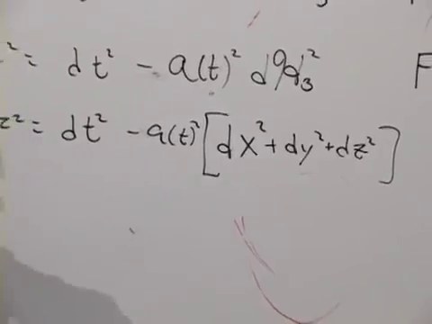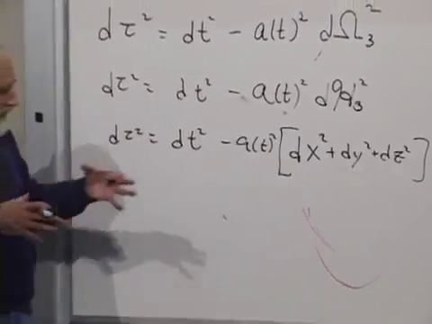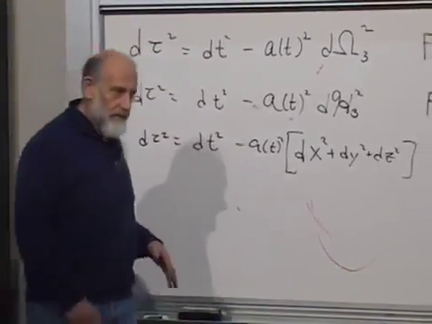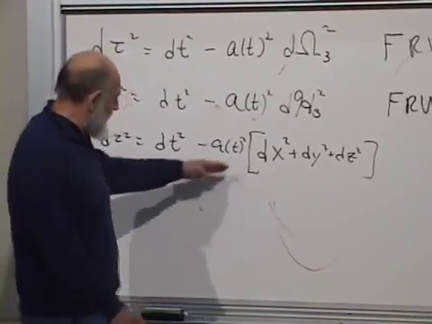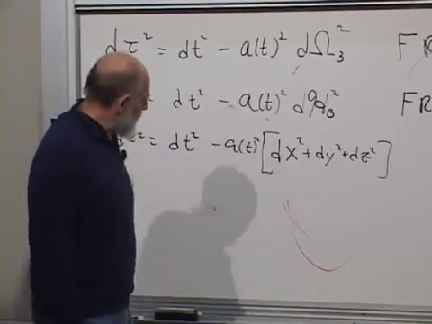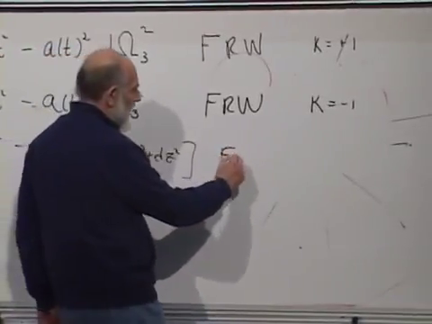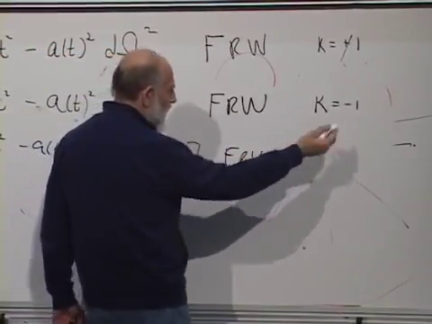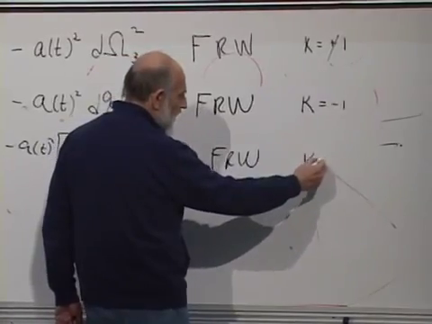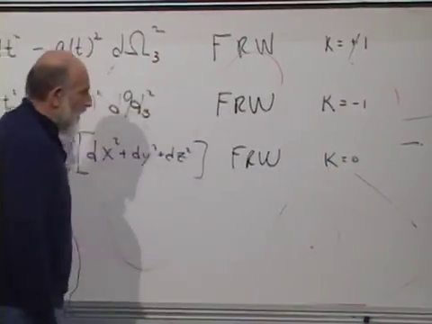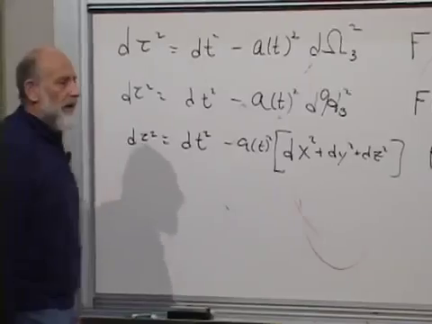This, though, represents the tendency for things to separate, so to speak. This would be the metric of FRW. And what would you put here? K equals 0. Okay, these are the three.